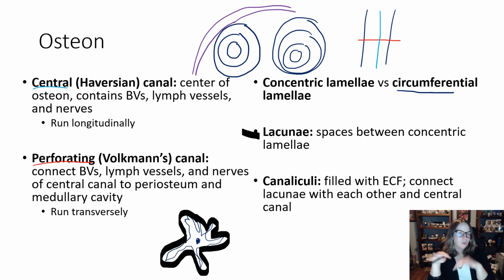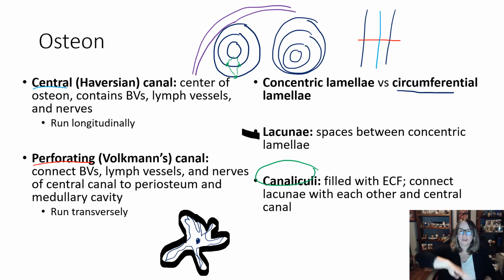How bone gets around this is going from each of these little central canals are little tiny channels that meet up with the osteocytes. And we call these little channels canaliculi, literally meaning little canal.